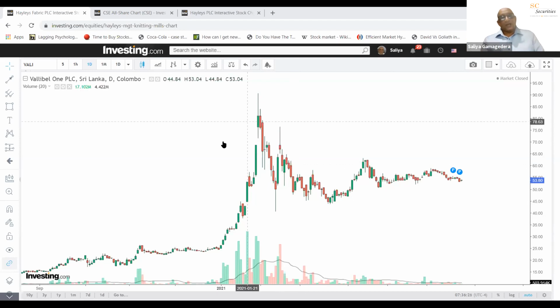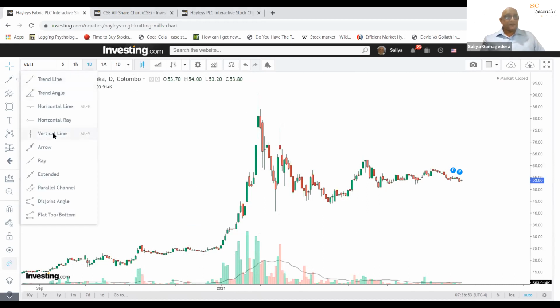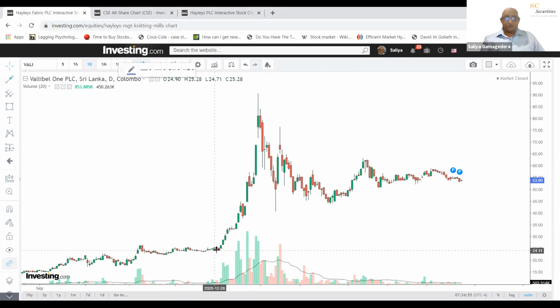Now, as I mentioned, a wave has 2 points. Generally, if you take from this low to this high, you might say it's an uptrend. It is clearly visible that it is a strong up movement up to here.